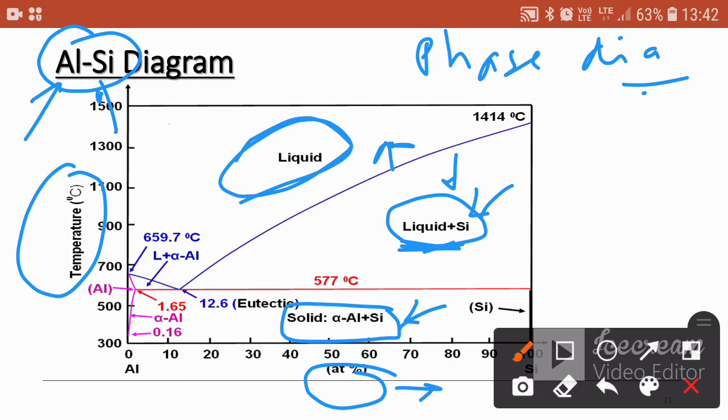Here aluminum also solidifies and silicon also solidifies, at this temperature range below 577 degrees centigrade. You can also see some compositions with liquid plus alpha aluminum, and other alloys. So this is a simple diagram of aluminum and silicon.